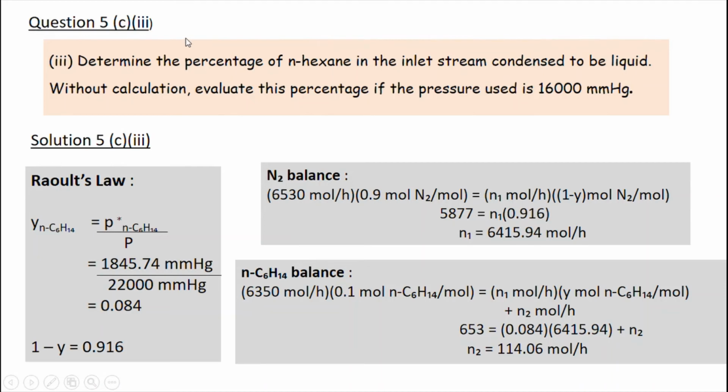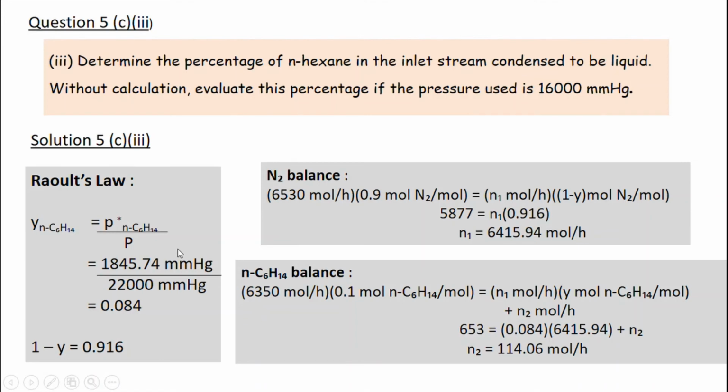Question 5C3. Determine the percentage of N-hexane in the inlet stream condensed to liquid. Without calculation, evaluate the percentage if the pressure used is 16,000 millimeter mercury. Before we solve the percentage, we have to find all the unknowns first. First, we use Raoult's law. The vapor fraction equals the vapor pressure divided by pressure.